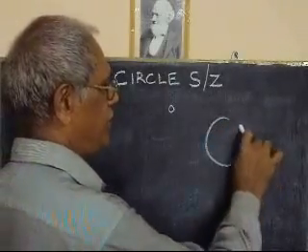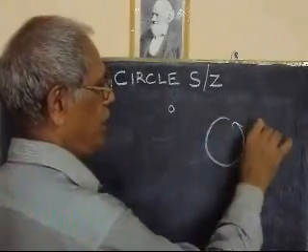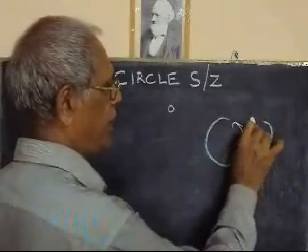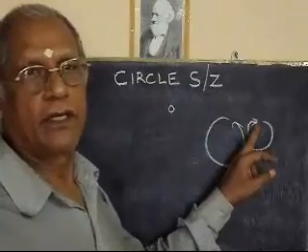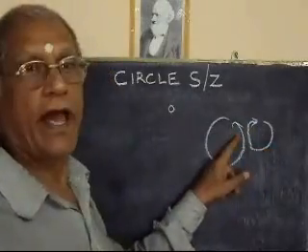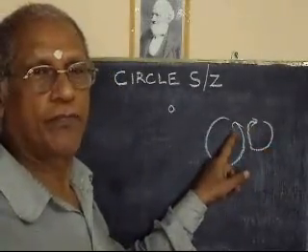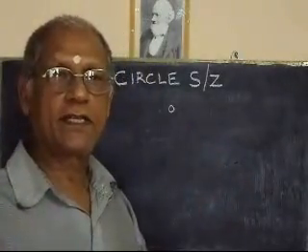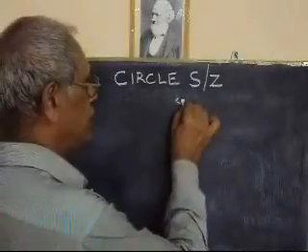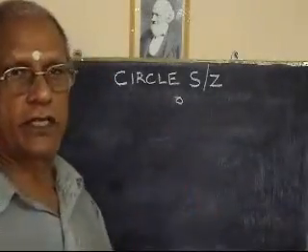You know already the motions of a circle. This is called left motion and this is called right motion. Clockwise motion is called right motion. Anti-clockwise motion is called left motion. A small circle represents S or Z. This is a small circle, not a large circle.